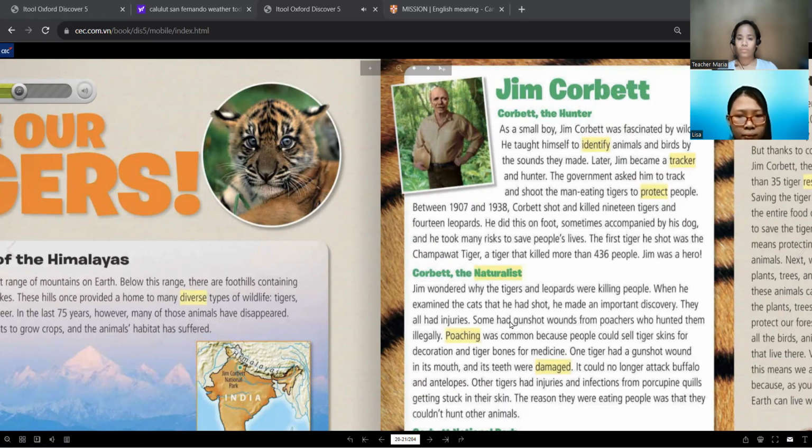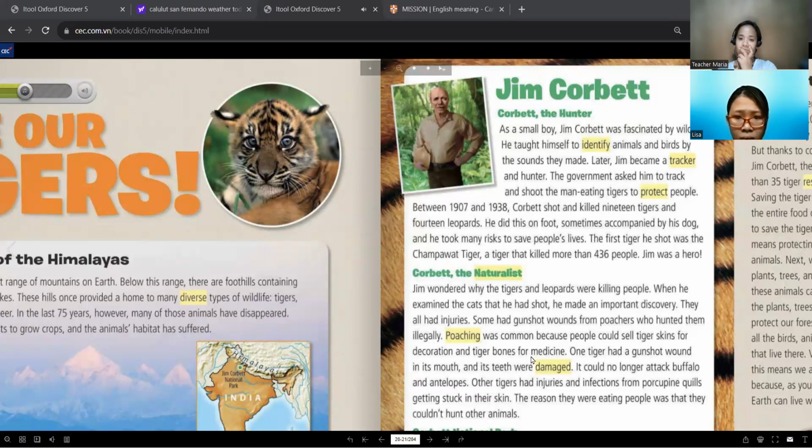Between 1907 and 1938, Corbett shot and killed 19 tigers and 14 leopards. He did this on foot, sometimes accompanied by his dog, and he took many risks to save people's lives. The first tiger he shot was the Champawat tiger, a tiger that killed more than 436 people.